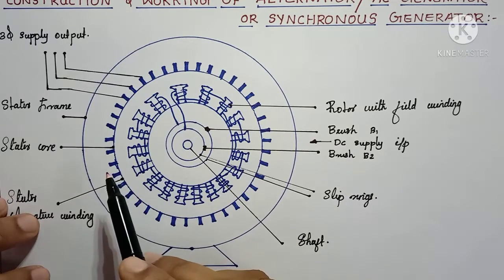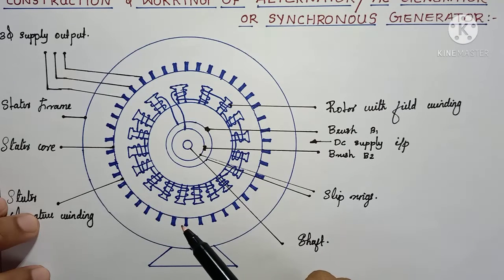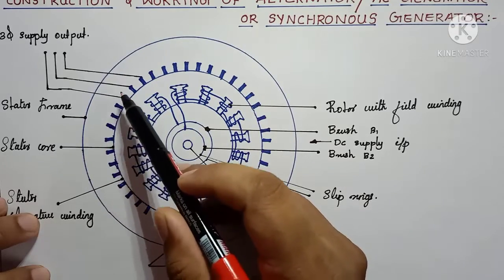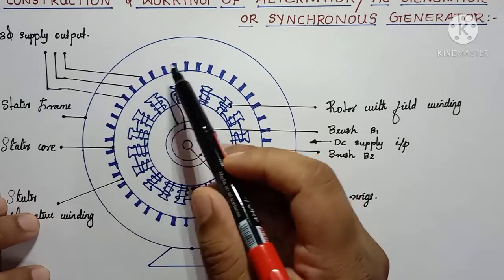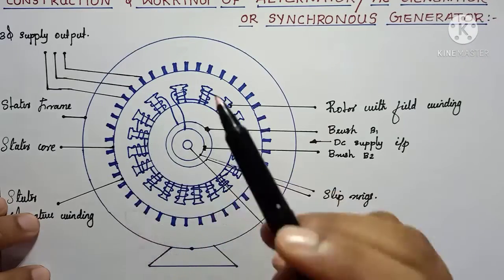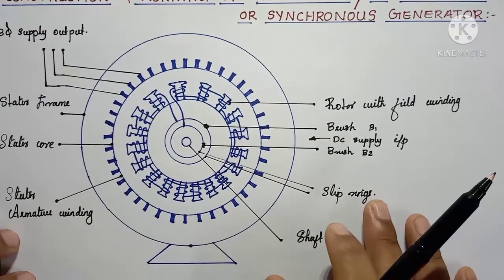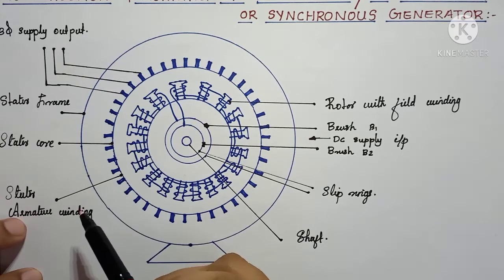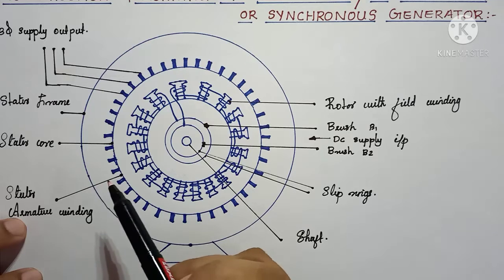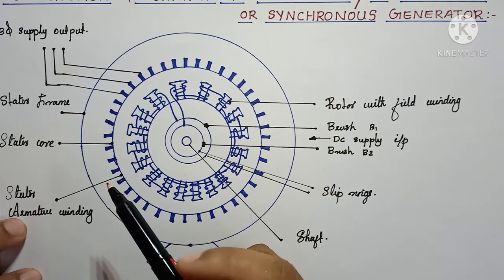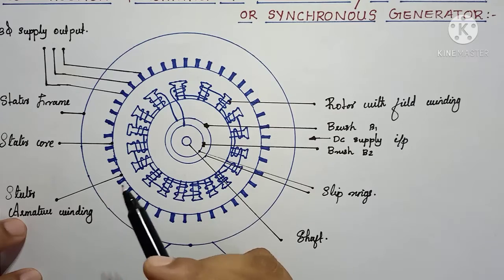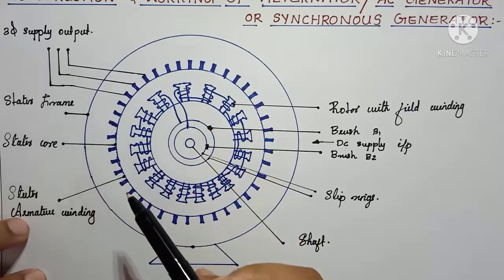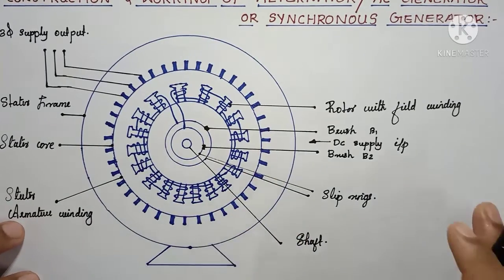So laminations are provided in stator cores, and the stator core contains stator slots. The function of the stator slots is to carry the armature windings. The stator winding is made of copper. These are the stationary parts of an alternator.